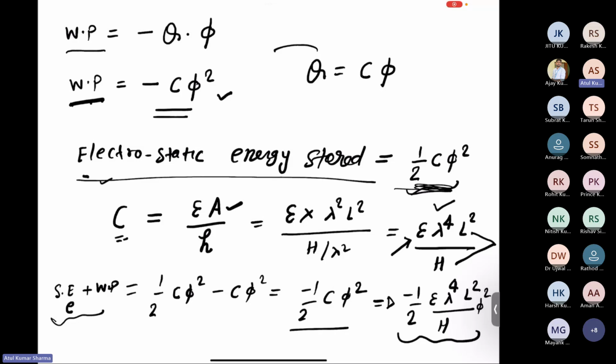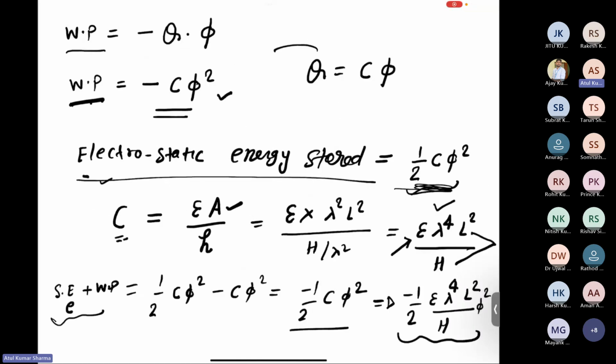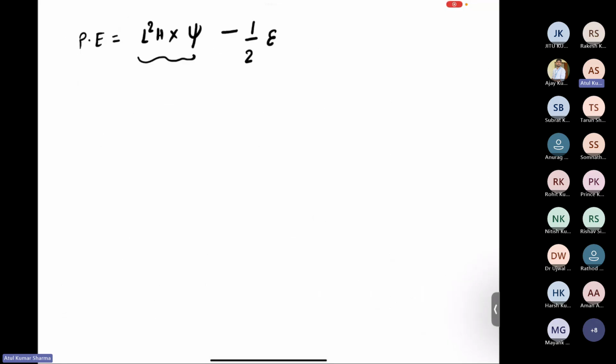That is this one. So that is minus 1 upon 2 epsilon lambda to the power 4 L square upon H into phi square.